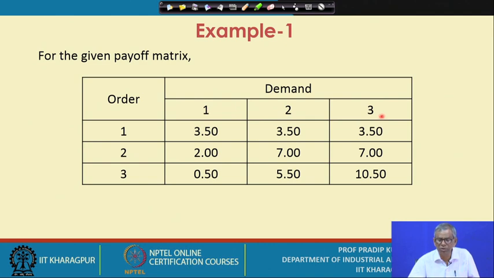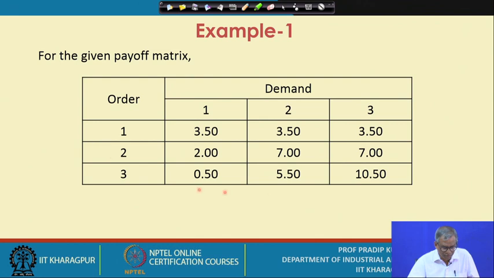There are 3 possible demand levels, so obviously for each demand level, say 1 or 2 or 3, the corresponding probability will be 1 upon 3, that means 0.33. So you write the corresponding probabilities here: probability against demand level 1, 0.33, against 2, 0.33, and against demand level 3, again 0.33.